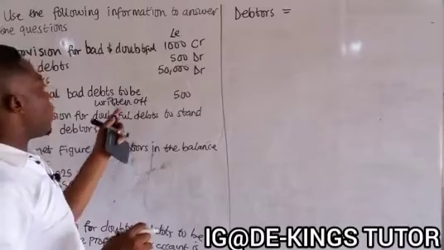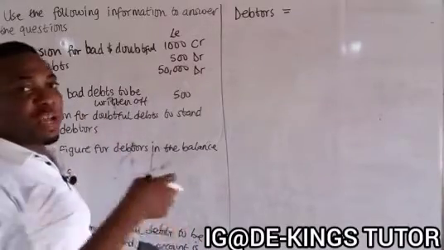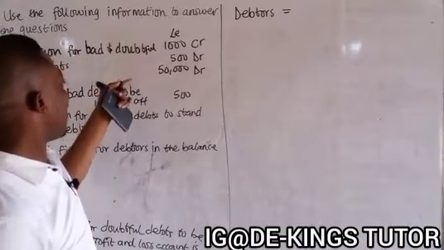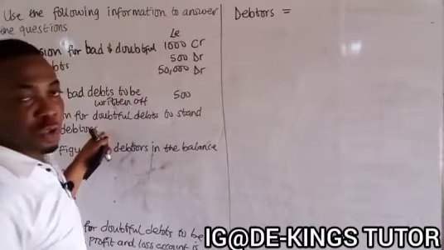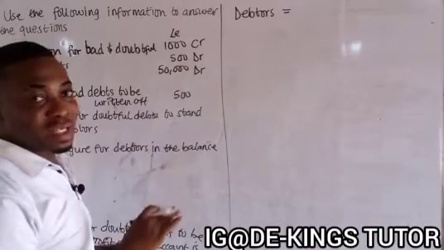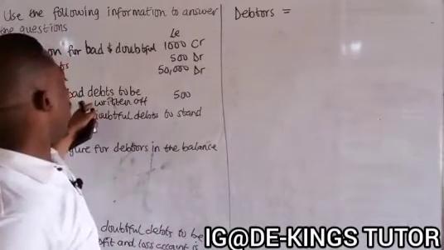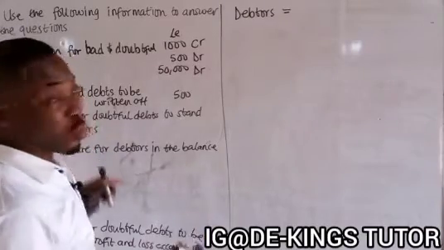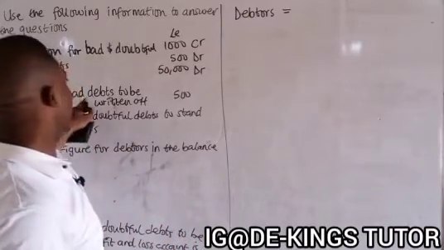Very important. Whenever you have a bad debt as additional information, you must deduct it from the debtors' value before you compute provision, because this provision is for a good debt and not the one that is already bad. Like this one is already bad.